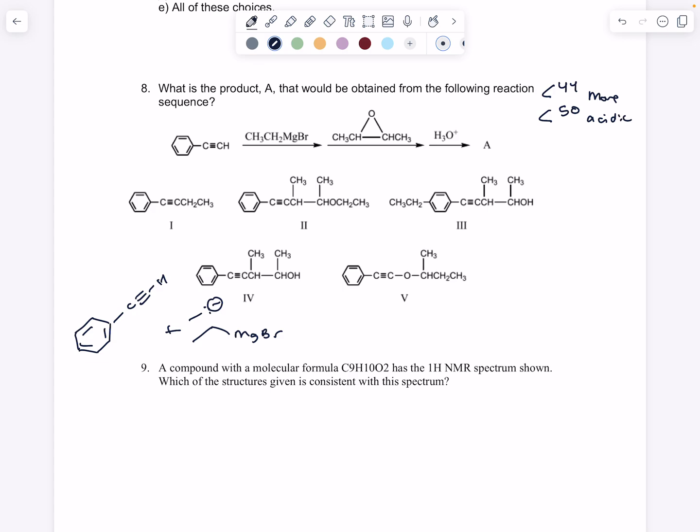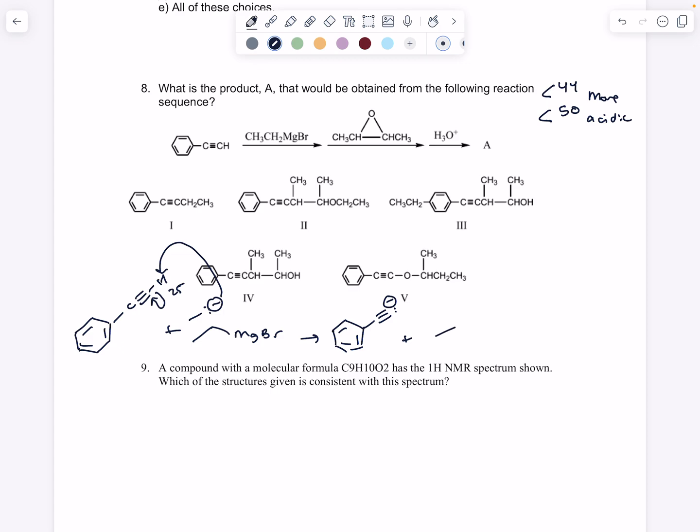I got a lot of questions about this, and it's the same reason it doesn't work with protic solvents. This Grignard is immediately going to react with this hydrogen in an acid-base reaction, and it's going to leave the electrons behind right here, and you would get this, because the pKa of that hydrogen is 25, so it's pretty acidic.